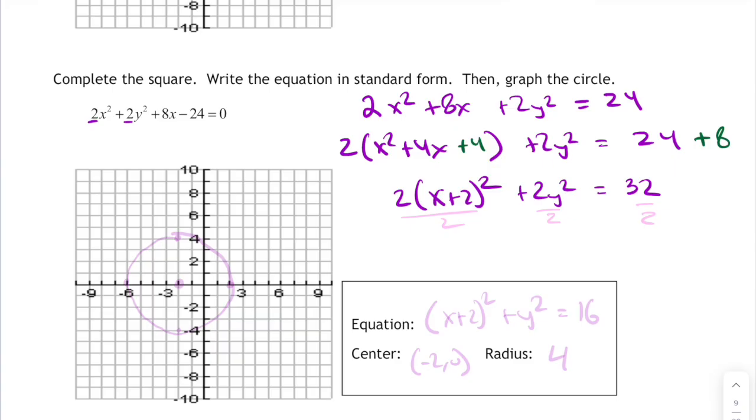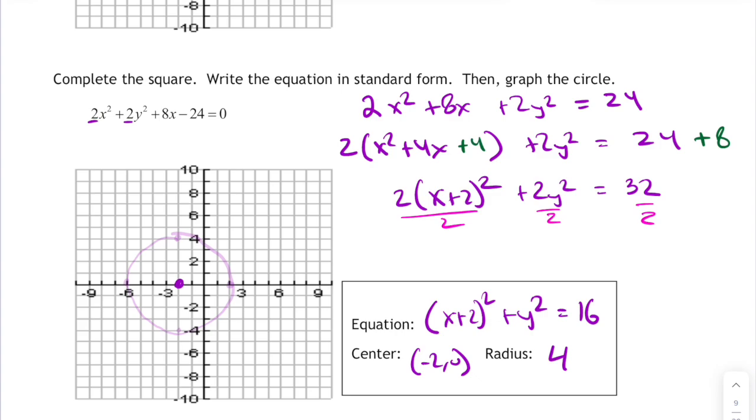And since everything on the left side has the same coefficient of 2, we can divide everything by 2, and we get our final equation: (x plus 2) squared plus y squared equals 16, for a center of (negative 2, 0) and a radius of 4.